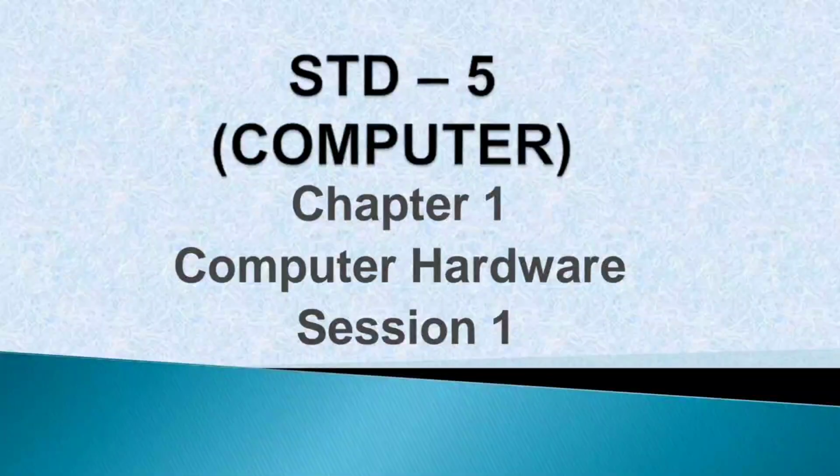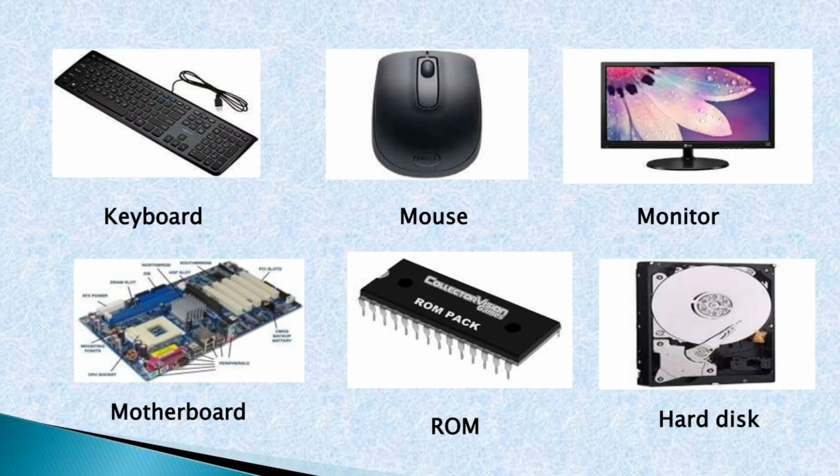Chapter 1, Computer Hardware, Session 1. There are some components such as keyboard, mouse and monitor which we can see because they are present outside the computer system. Some components cannot be seen as they are present inside the computer, like motherboard, hard disk, ROM and many more.